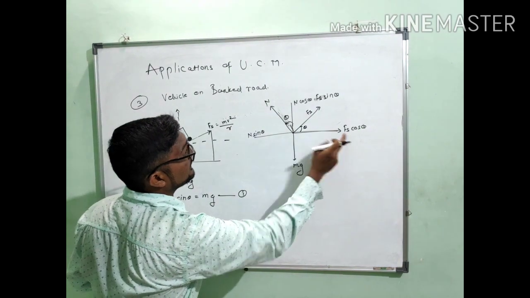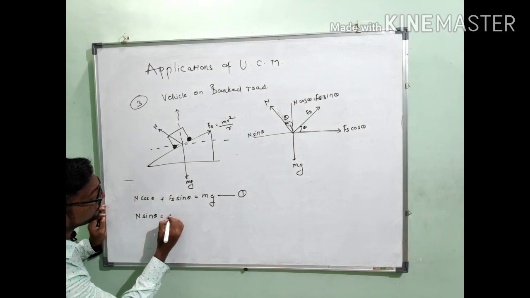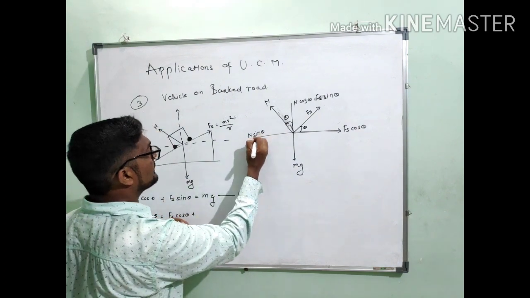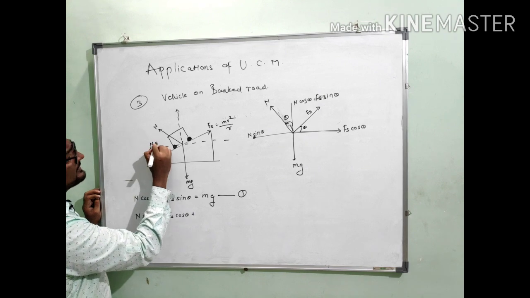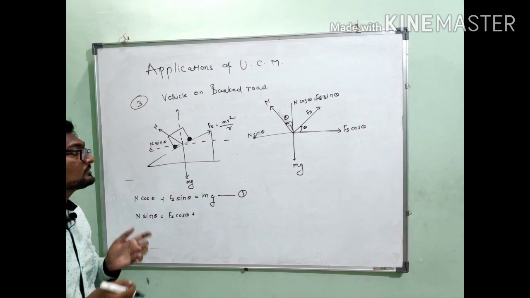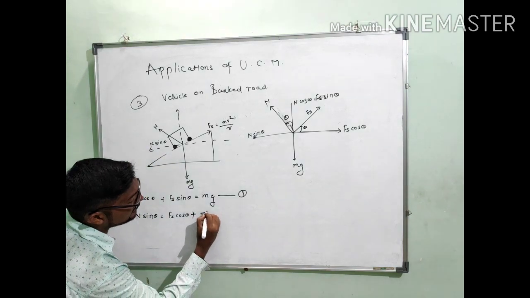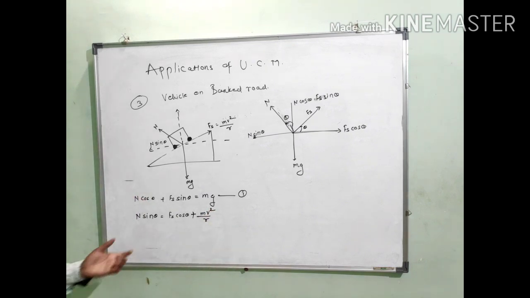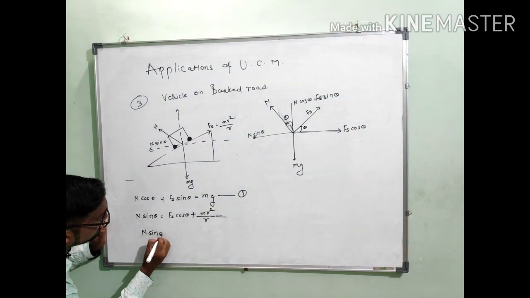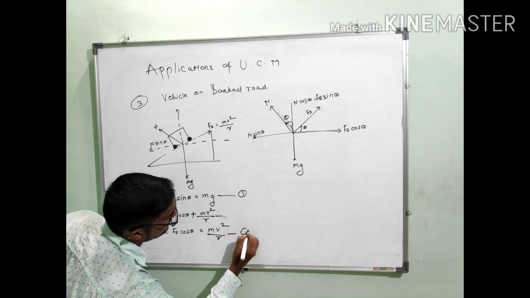Now in the horizontal direction, N sin theta, which is towards the center, gives the centripetal force that helps the vehicle take the turn. Fs cos theta is away from the center. So the centripetal force mv square upon r equals N sin theta minus Fs cos theta. That is equation number 2.